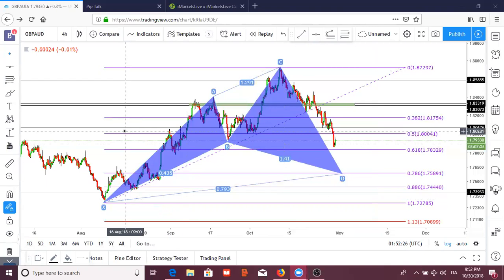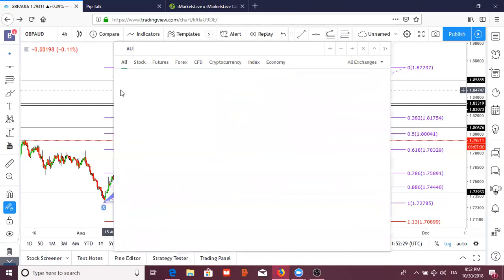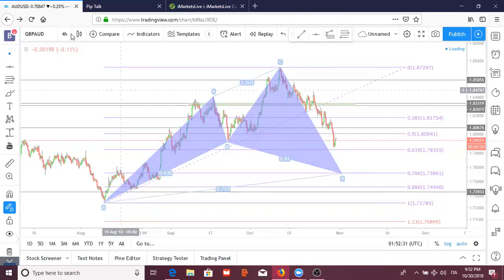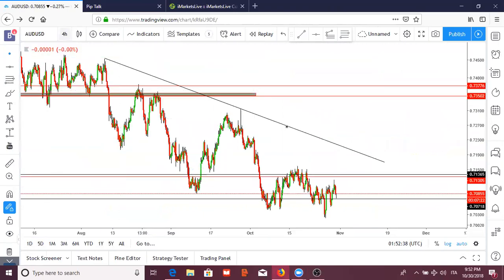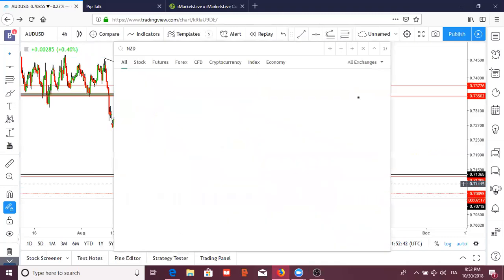I'm gonna scan the market real quick for other stuff. AUD USD, let me see what this is doing. All right, cool. Let me see, USD.